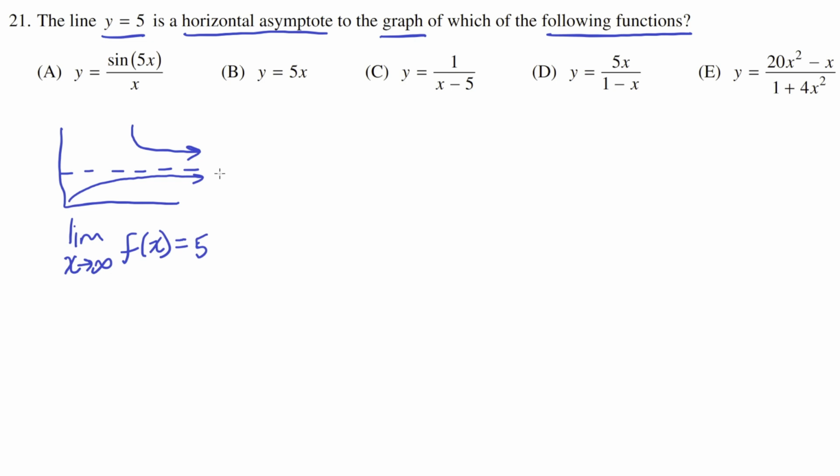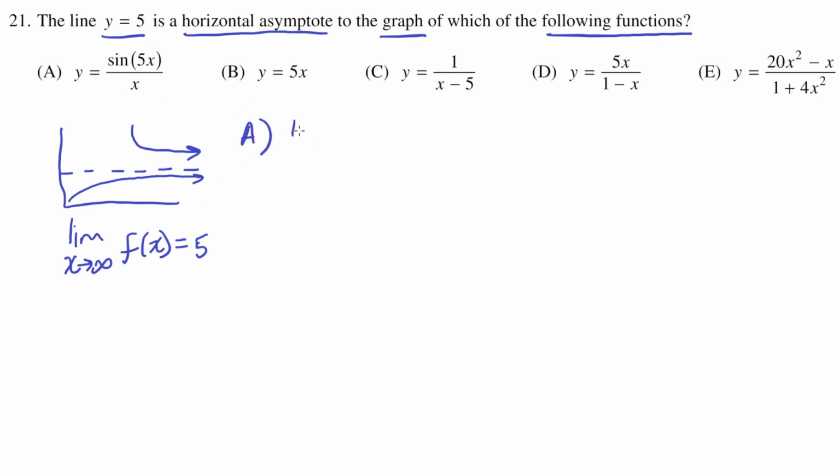Graphs can get closer and closer to the asymptote, but they will never touch it or cross it. So we will approach 5 as x approaches infinity. So we can just take the limit of all of these answer choices and see which one approaches 5.